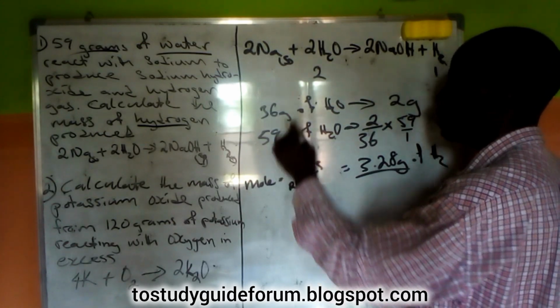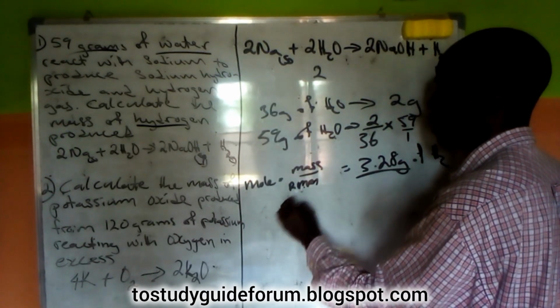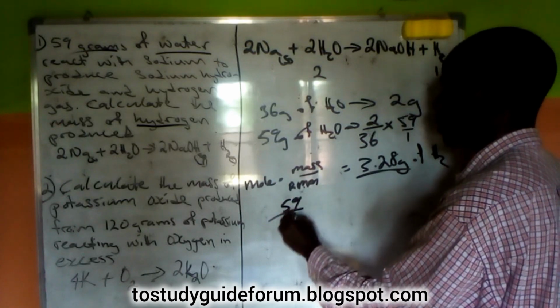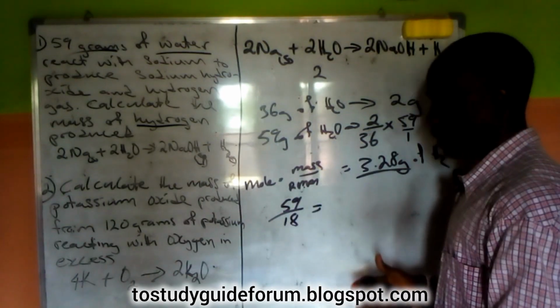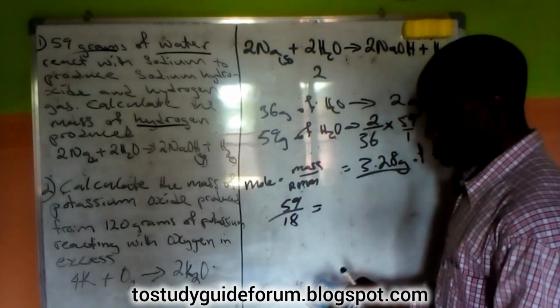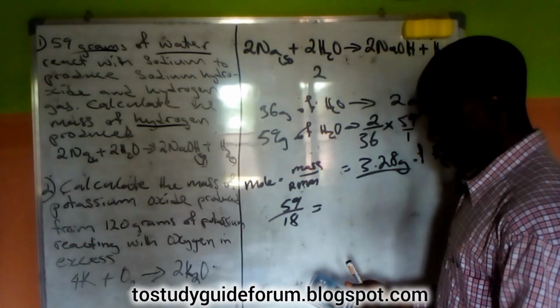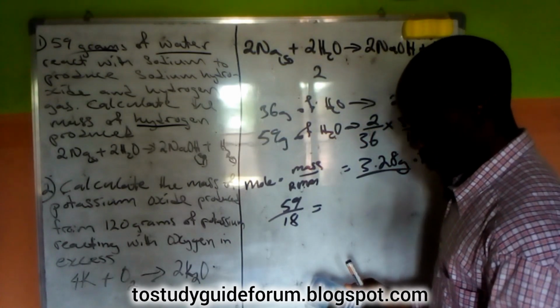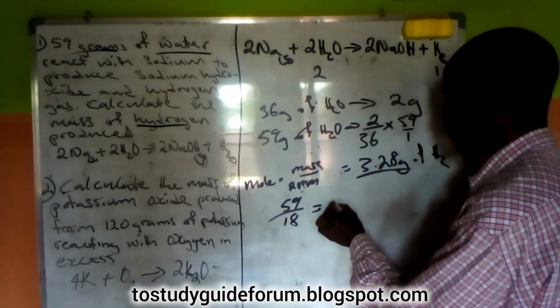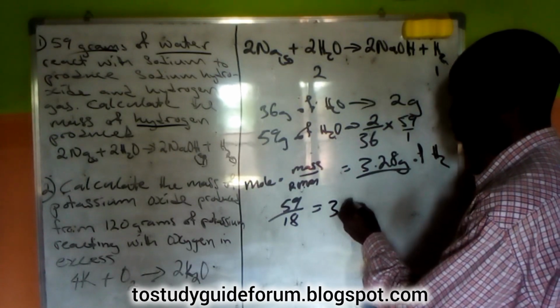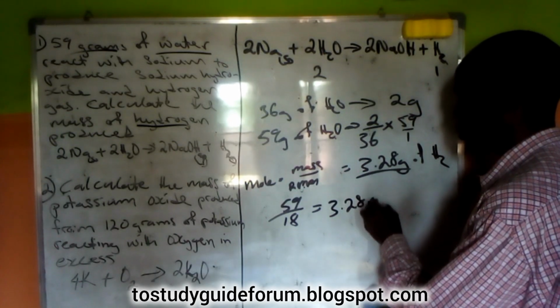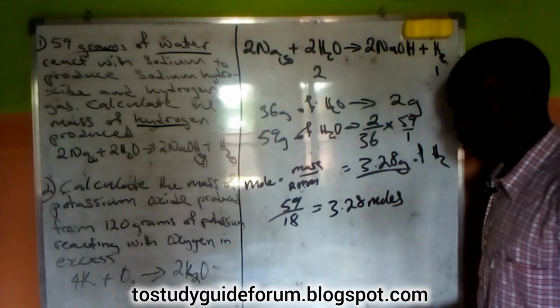So the mass given to us is 59 over what? 18. That is what we have. 59 over 18. 59 divided by 18. We have 3.278 moles. This is what we have.